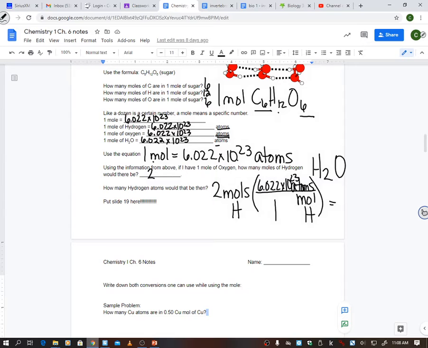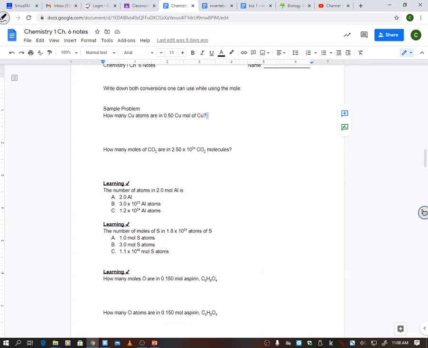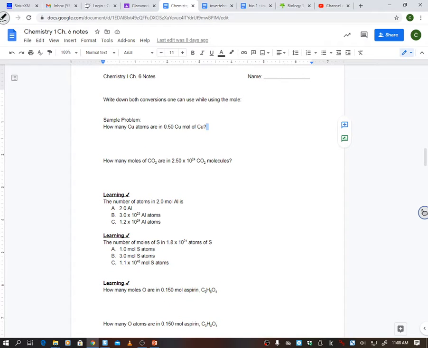Let's go back to the notes, and let's do some practice with this. It says, write down both conversions you can use while using the mole. So here's the thing, when I do my parentheses, I can have 1 mole on top, and I can have this number on bottom.